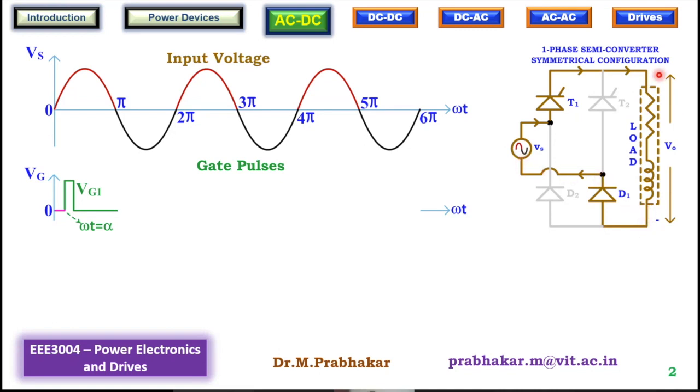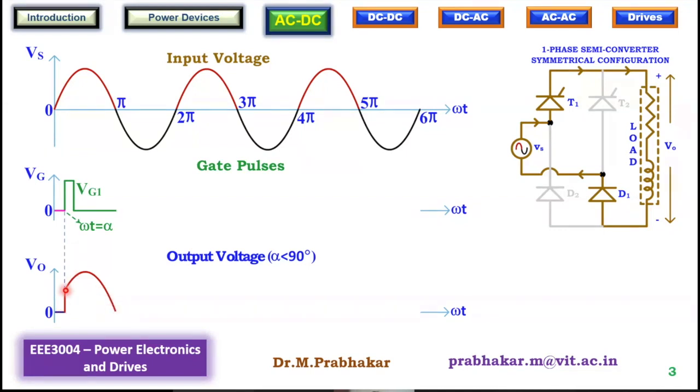Therefore, the load voltage will be exactly the same as the source voltage, and we will be plotting load voltage from top to bottom. If you name the top terminal A and the bottom B, then VAB will be V0. Quite obviously, A is connected to the positive of Vs, and B is connected to the negative of Vs. Therefore, V0 will simply be following the input voltage. So if we plot the load voltage, it looks like this.